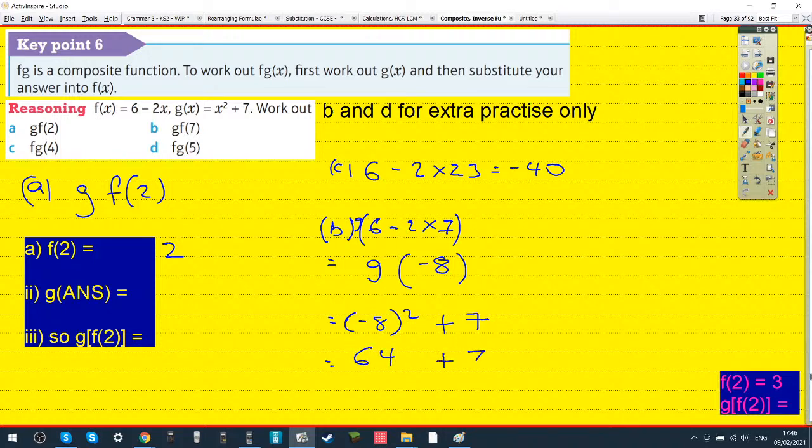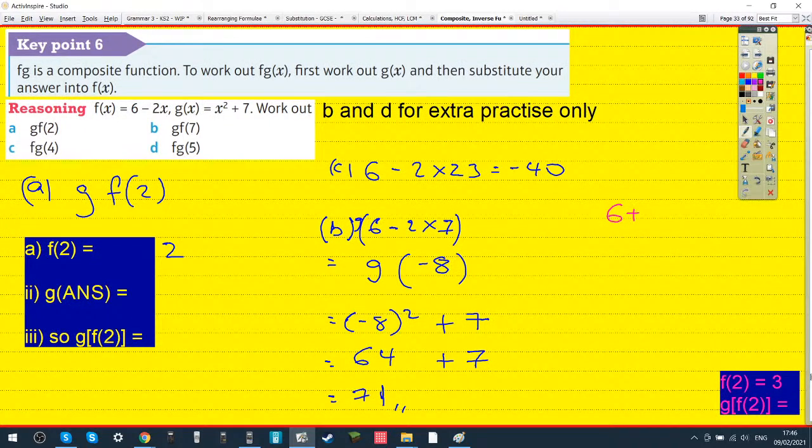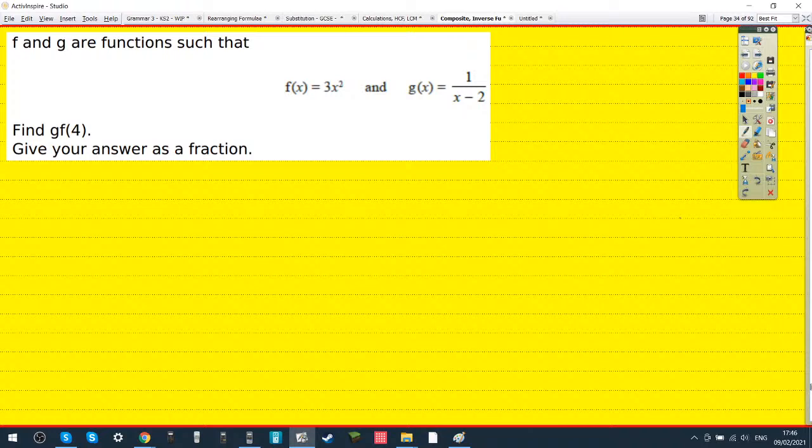So 64 plus 7 is 71. We need some positive question for that. I think we should change that to 6 plus 2x. I'll make a note of that. Okay, let's try this one.